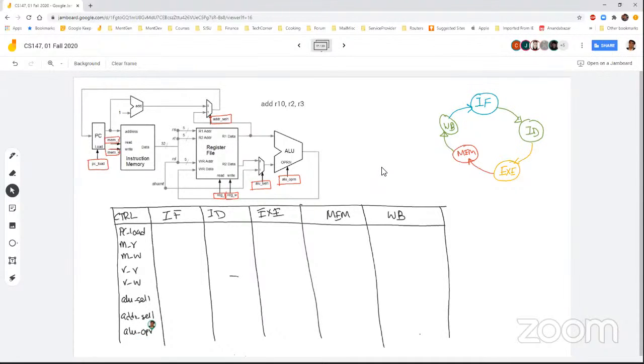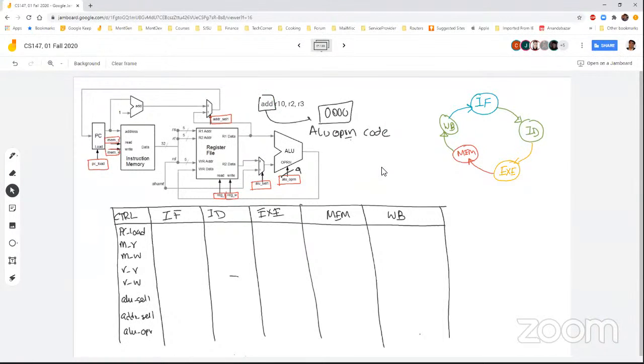Remember, this one is multi-bit. The ALU operation code, I think, is 4-bit or maybe 8-bit. We need to check, but it is some multi-bit value. It is not a single bit because the add is possibly encoded as 0000, something like that. This is the add ALU operation code. Don't mix it up with the machine code, the opcode, of the add.